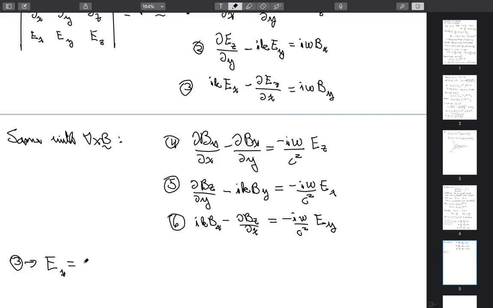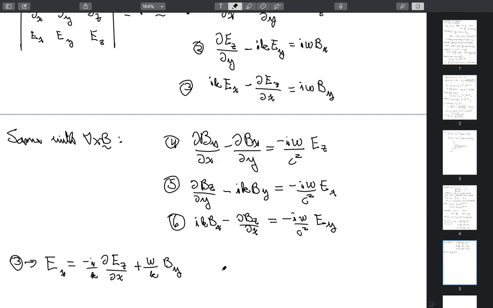So I have minus i over k times dEz/dx. And then I had this term here, but I do minus i over k, so I get plus omega over k By.